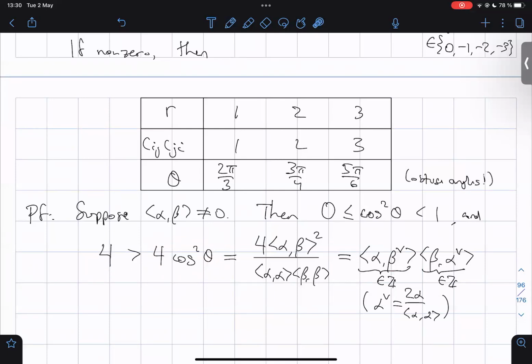And so this product has to be 0. Oh, sorry, we're not in the 0 case, because alpha and beta are paired to be non-zero. So 1, 2, or 3.